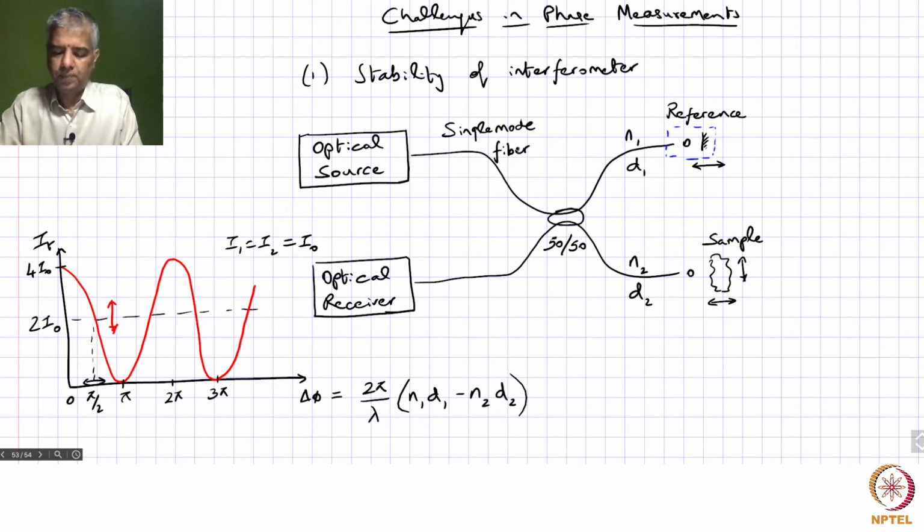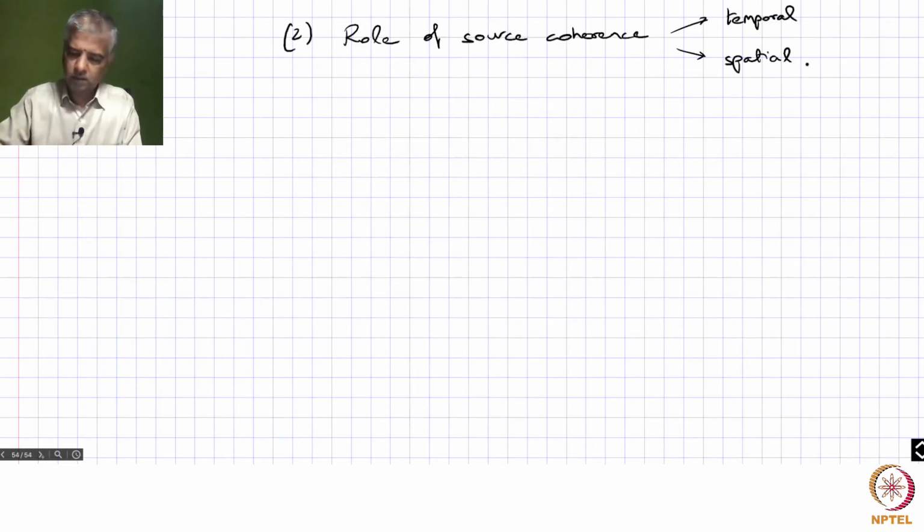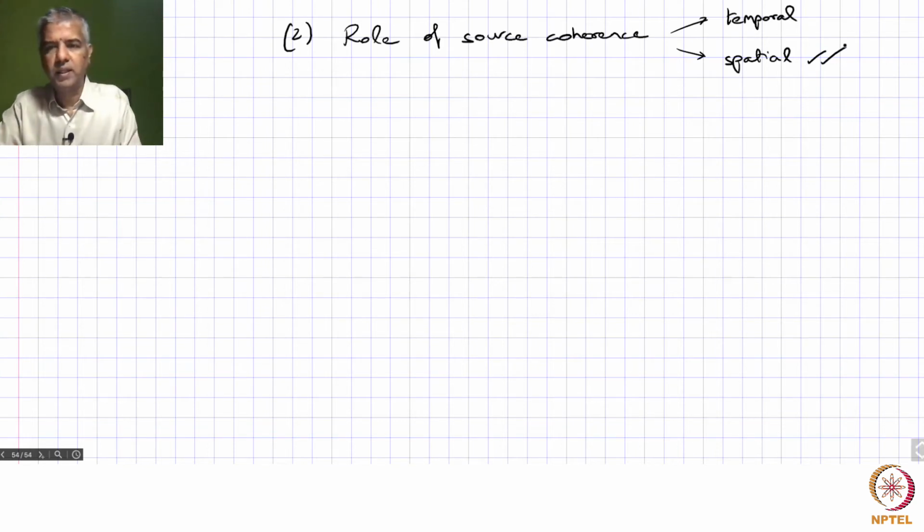So it's highly spatially coherent. It's one of the best spatially coherent sources that you can get. So that is not an issue, right? So this one, we have taken care of just by going to an optical fiber based setup.